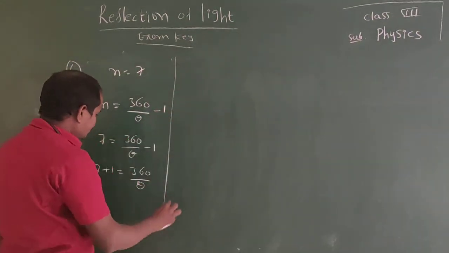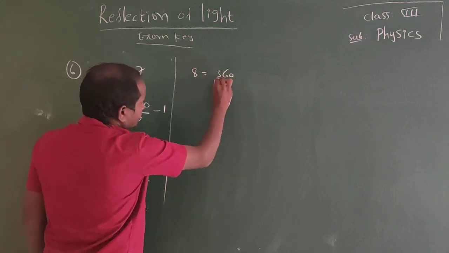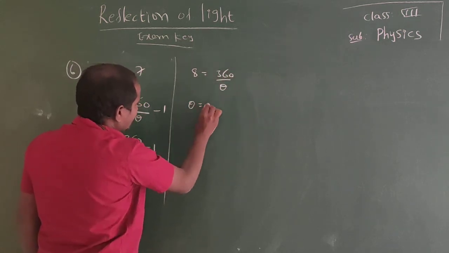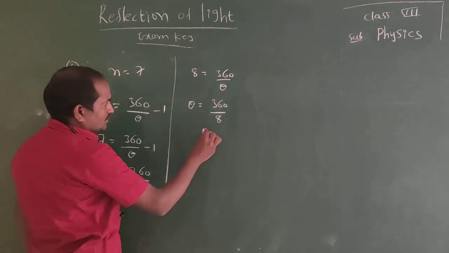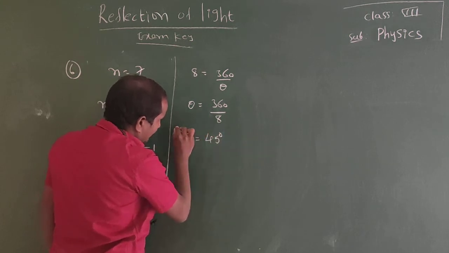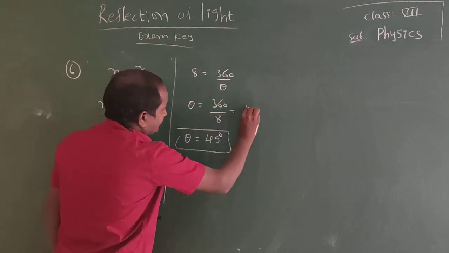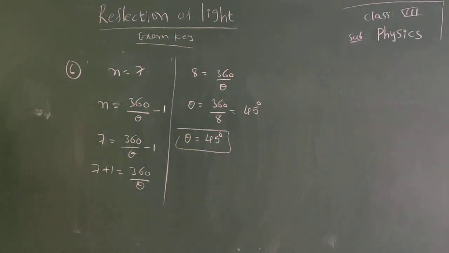So 8 equal to 360 by theta. Therefore theta equal to 360 by 8, that is 45 degrees.